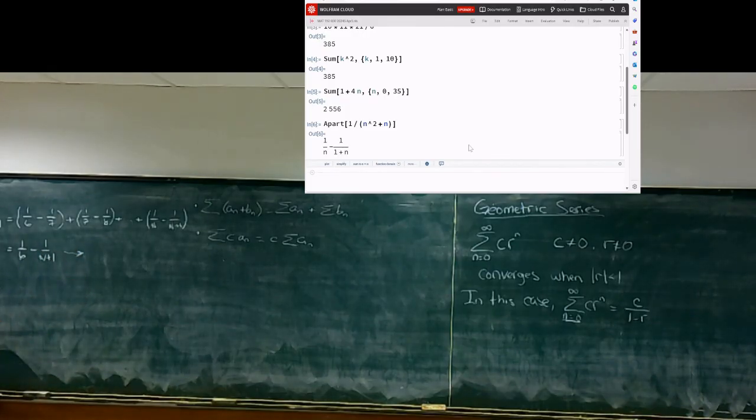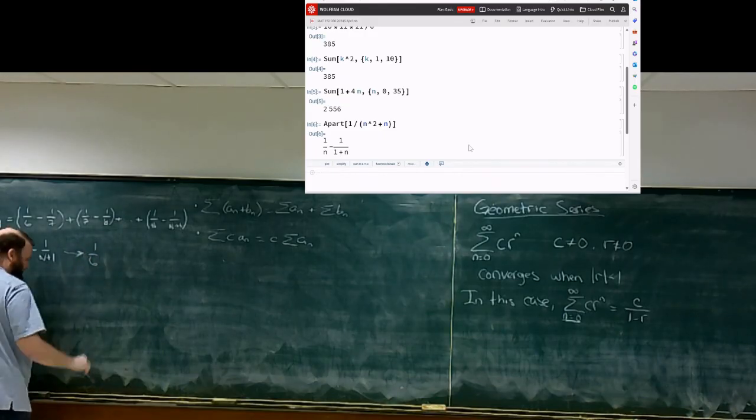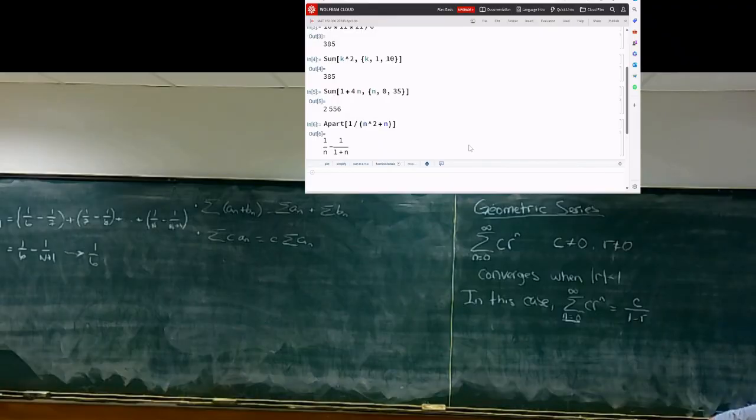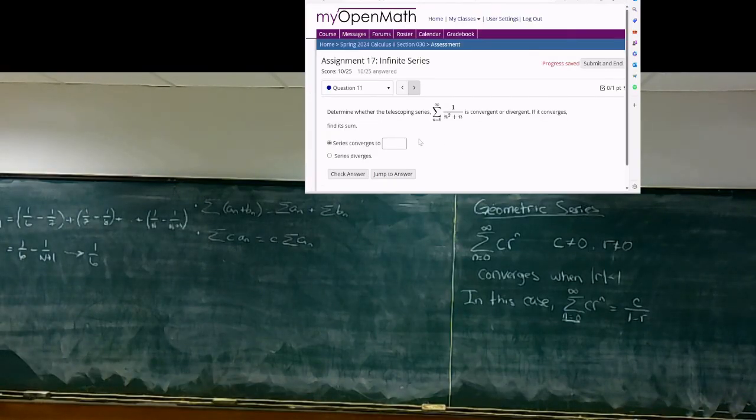And what does that limit? So what does that converge to? Um, 1/6. So the series converges, should be a sixth.